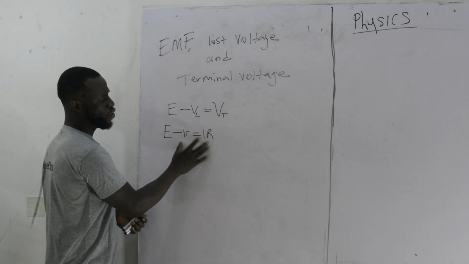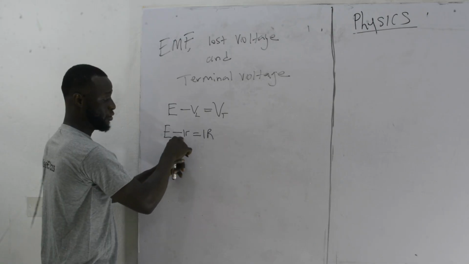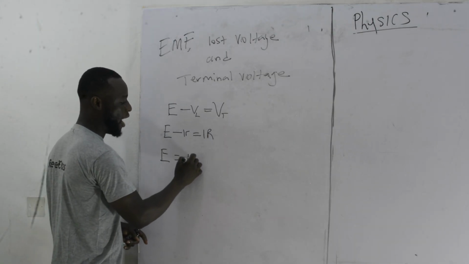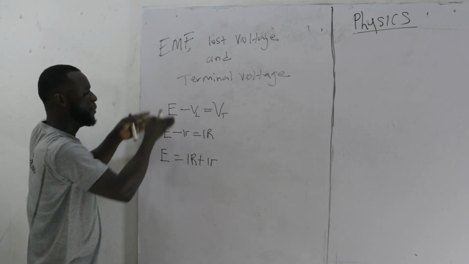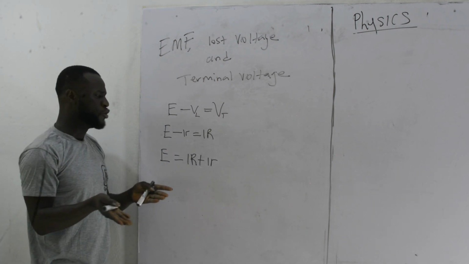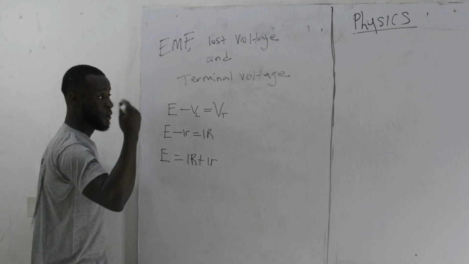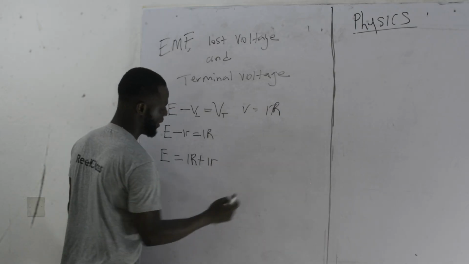So if I take this minus Ir over to this side, I'll have E equals IR plus Ir. Now, if you observe this closely, a student will want to memorize this. But once again, there's no need to memorize this stuff. Because if you remember Ohm's law, which we initially said is V equals IR. Look at this.